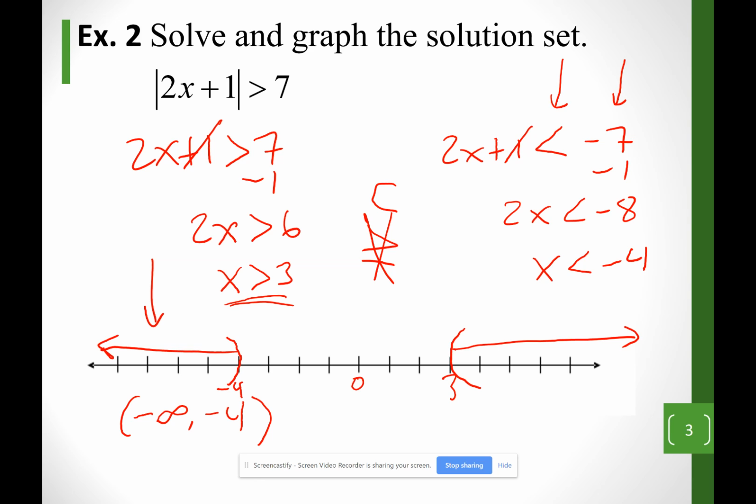So I stop at negative 4. Looking at the other arrow, I'm going to say, how far left do I go? I go as far left as 3. How far right do I go? I go as far right as positive infinity. So I have two sets, but I want to say that they both are solutions. So I'm going to say the union of those two sets.